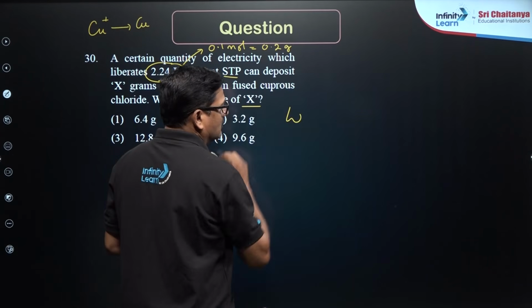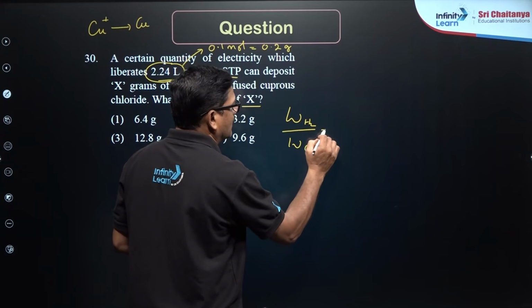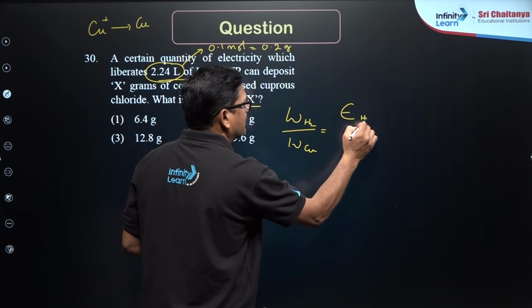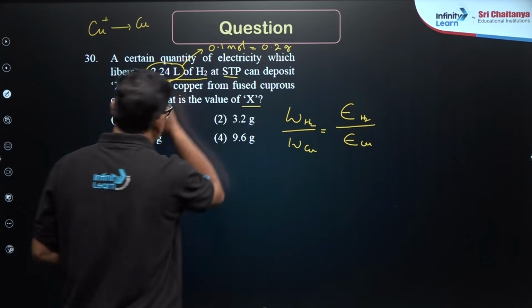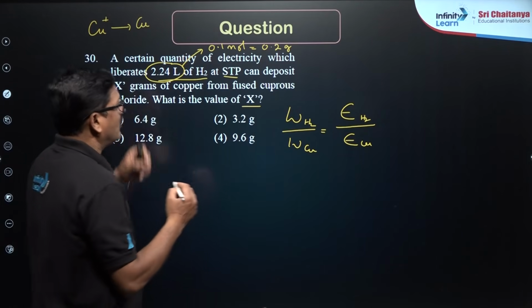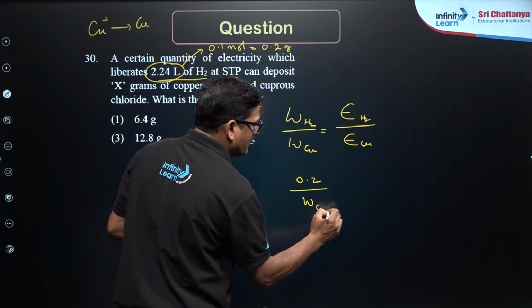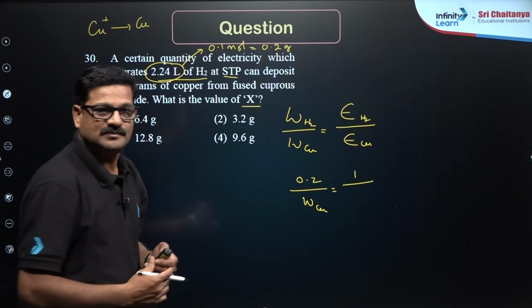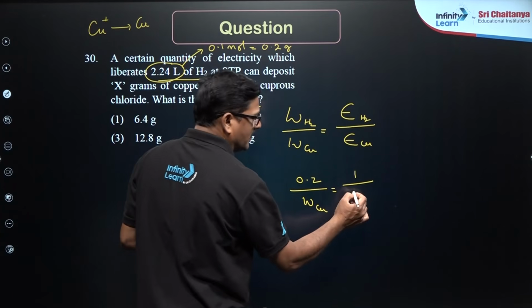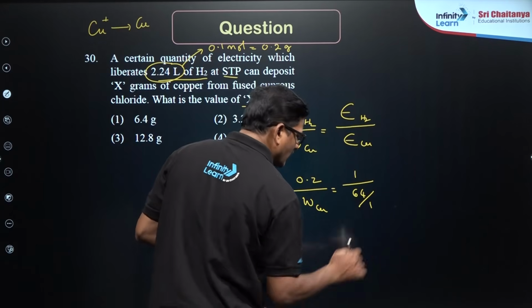According to the second law, weight of hydrogen over weight of copper is equal to equivalent weight of hydrogen over equivalent weight of copper in this reaction. Weight of hydrogen we got is 0.2 and you have to calculate weight of copper, and equivalent weight of hydrogen you can take as 1 and 63.5, you can directly take 64, divided by 1.